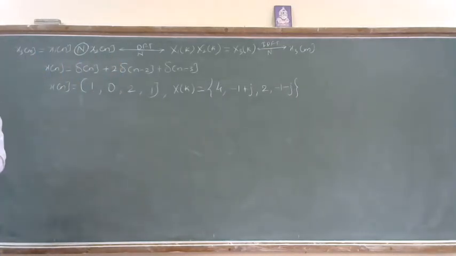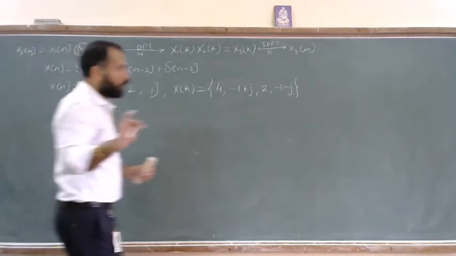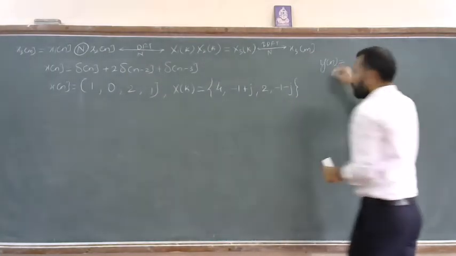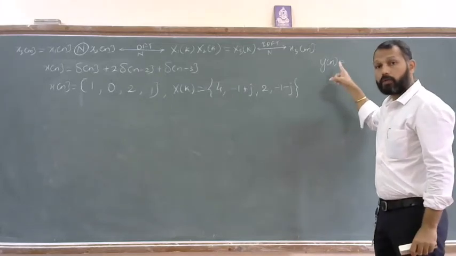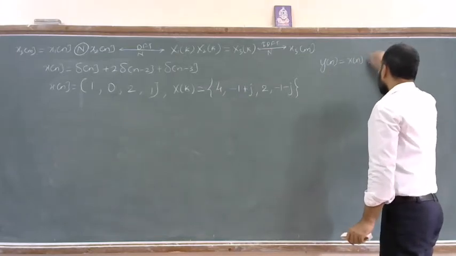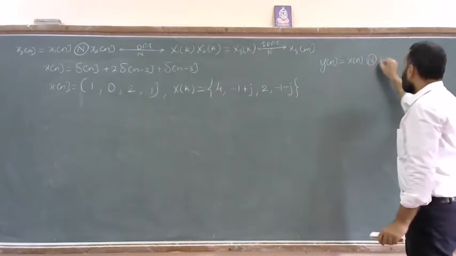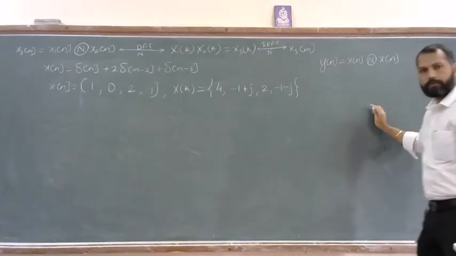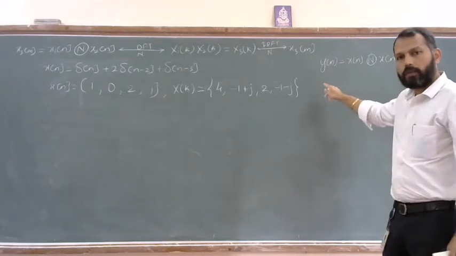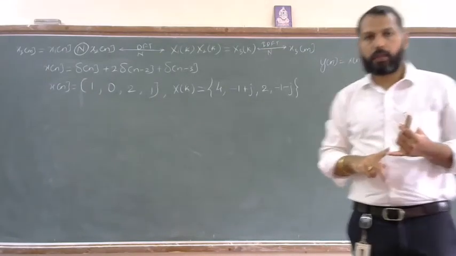Now the second part is: if y of n is a 4-point circular convolution of x of n with itself, find the discrete time sequence y of n. There is a 4-point sequence x of n.